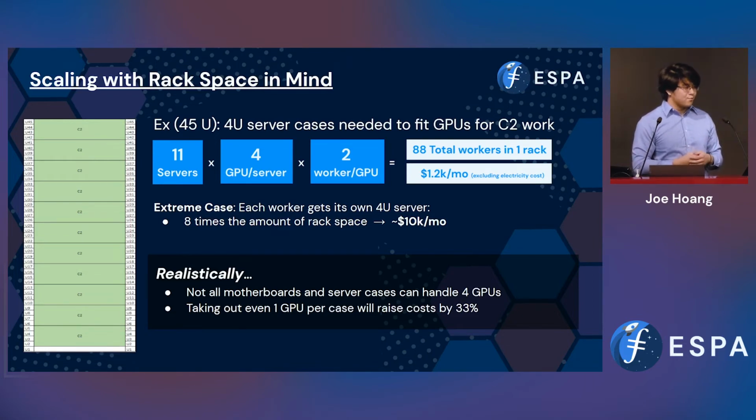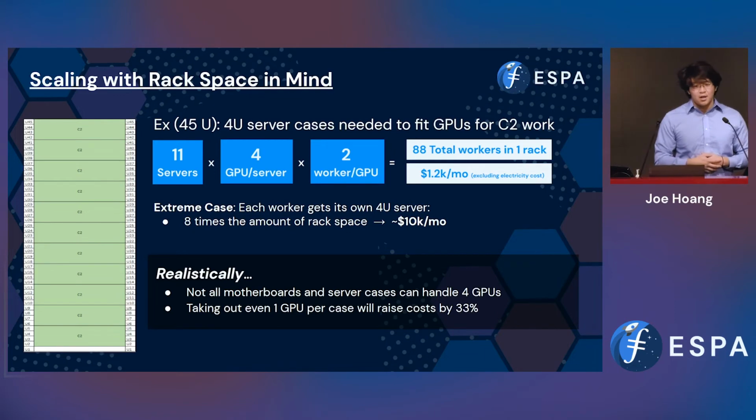And then if you decided condensing is too much work or too much of a headache, you want to separate every single worker, now you have to run out 8 times the amount of racks, putting your cost at about 10K a month. Now, albeit that is an extreme case, you probably won't be doing that. But what you'll more realistically find is that some server cases or motherboards that you may find aren't able to support 4 entire GPUs.